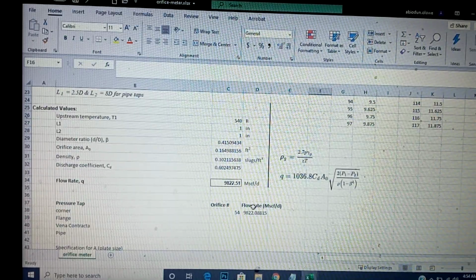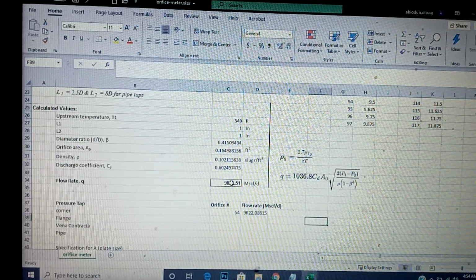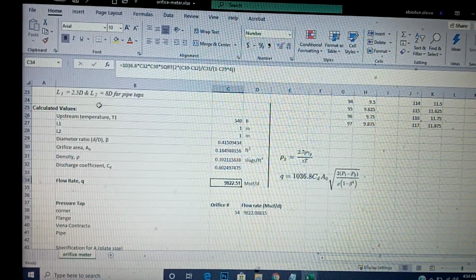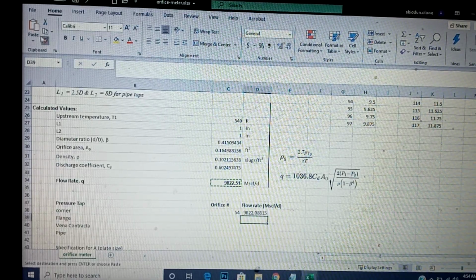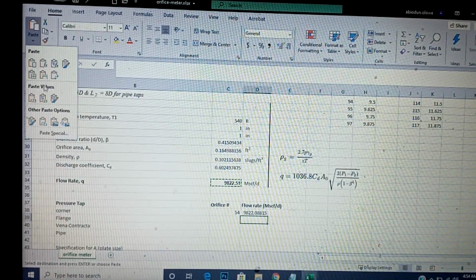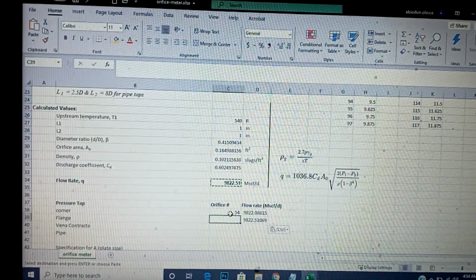Okay. 98 22. Almost the same thing. I know if I put 5.625, it's going to be too much. So I think it's going to be this one. Okay, the same number 54 will work for that. So number 54.